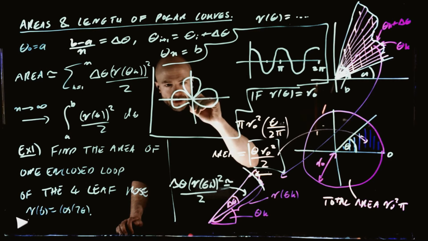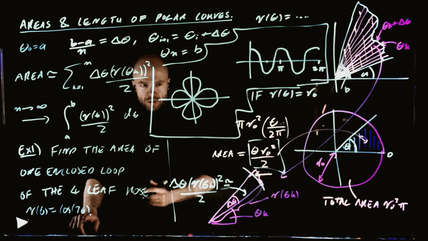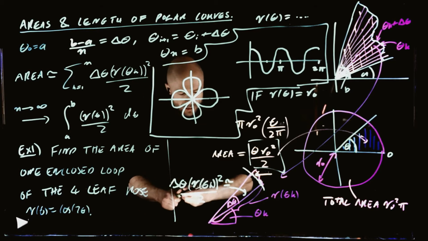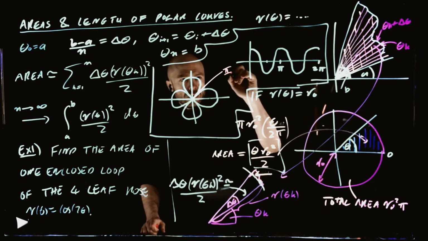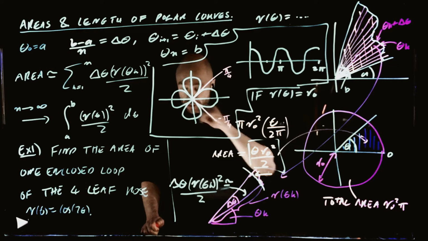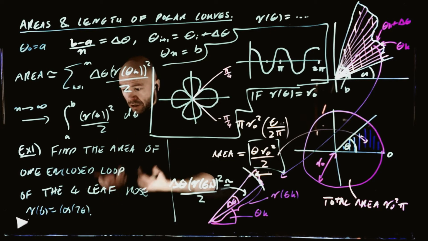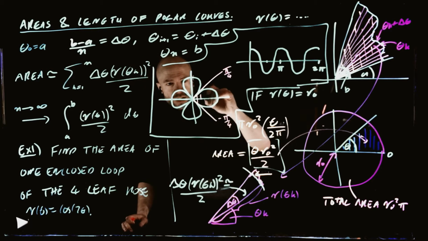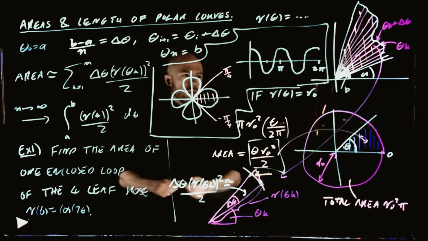This is what the polar graph of this particular function ends up looking like, where this thing here, as you might expect, is angle pi over 4. And this is the angle minus pi over 4. So when it says find the area of one enclosed loop of the 4-leaf rose, it means finding the area of one of these guys. Yeah, and of course, by symmetry, they're all the same.